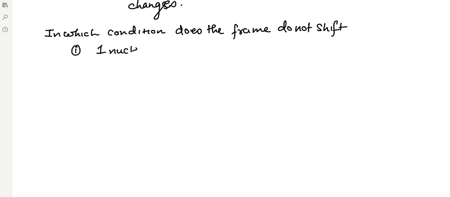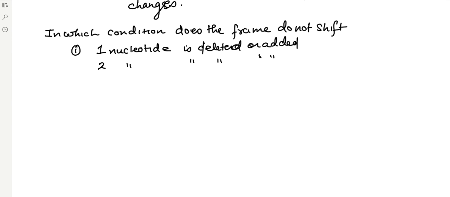One nucleotide is deleted or added, or two nucleotides are deleted or added, and third one, three nucleotides are deleted or added, and fourth one is none of the above.